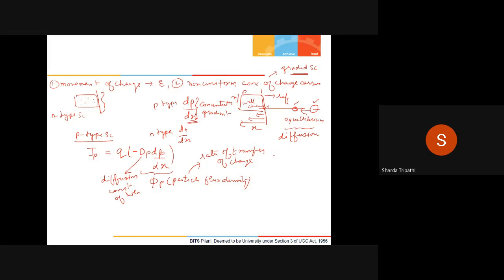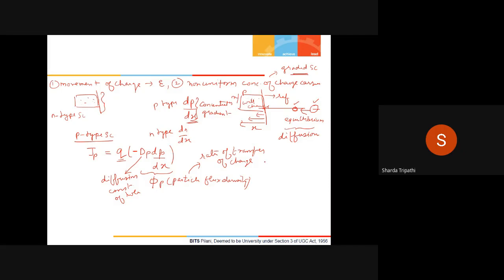This is the rate of transfer of charge. That means at what rate the charge was moving from high concentration to low concentration, and that multiplied by how much charge one carrier is having. This will give me the current density of p-type semiconductor.